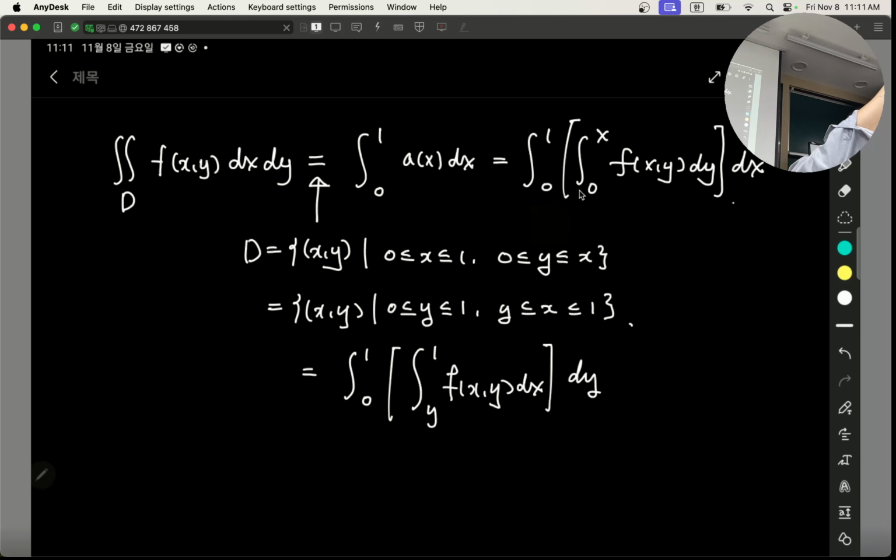So you have to think about the geometric picture whenever you try to interchange the order of an iterated integral. Raise your hand if you have any question.